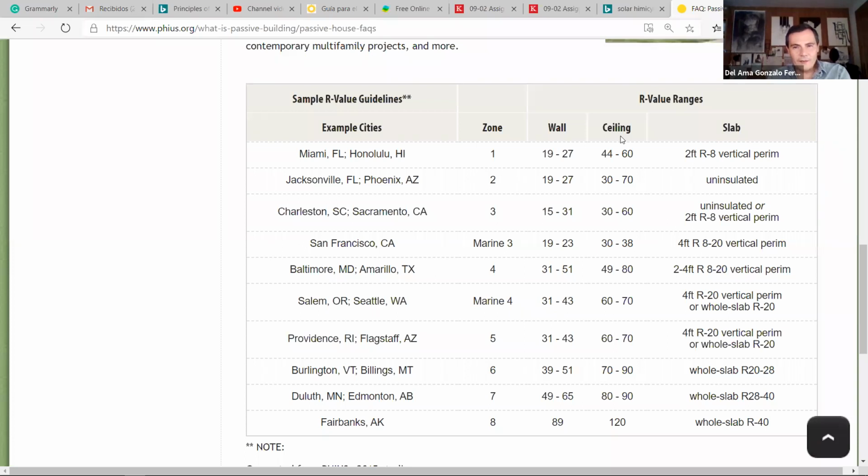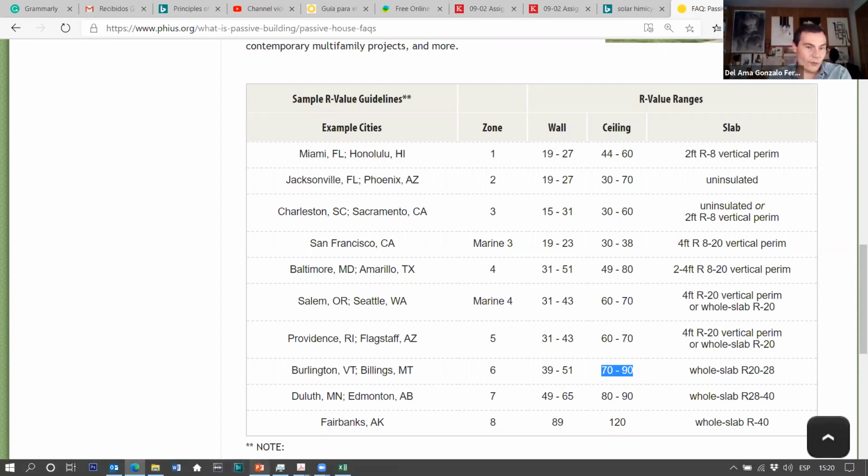For ceilings, it's even tougher because look at this. It has to be above probably 70 or 80. If it's in Burlington, Vermont, it's from 70 to 90. So we need more thermal insulation in ceilings or roofs.